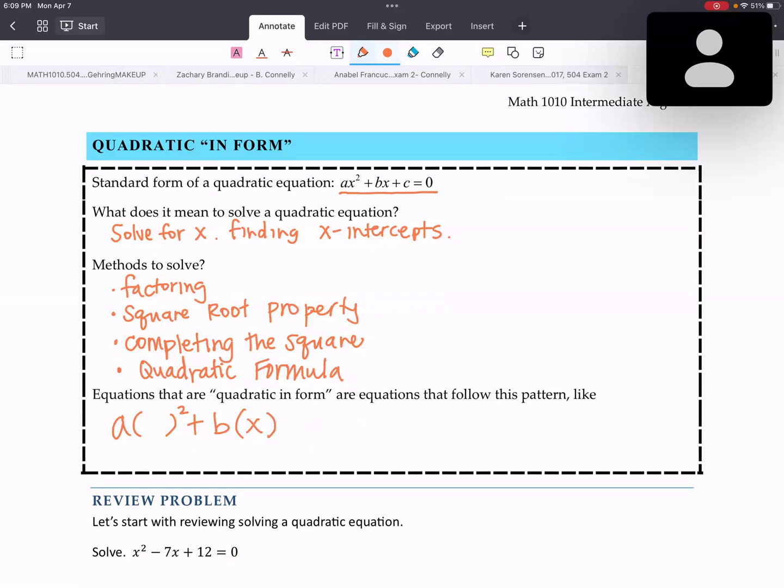I'll just put x on both of them. And then plus c equals 0. So these two things in the parentheses need to be the same in order to solve this.